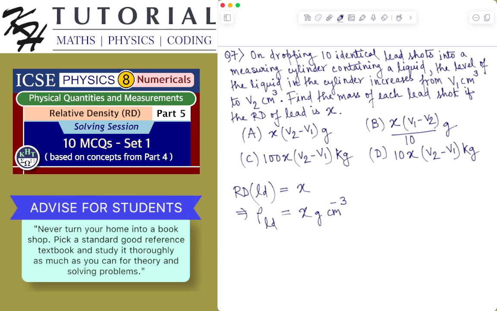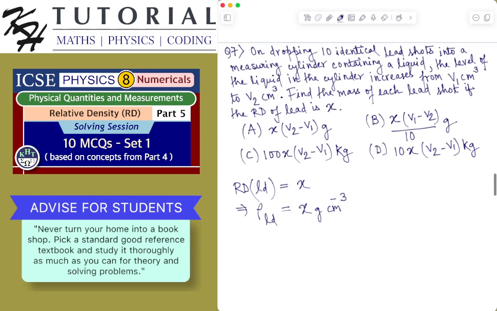Now to find the mass of each shot, we need to know the volume of each shot. Since we know the density of lead, we can easily find the mass of each lead shot if we can find the volume of each lead shot. So we have to find the volume of each lead shot.